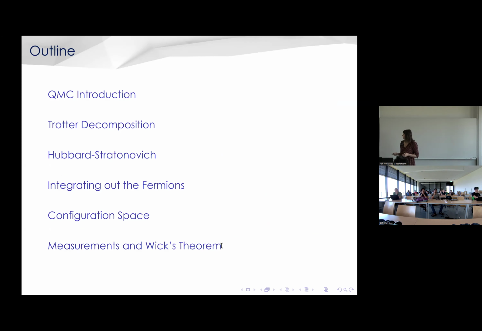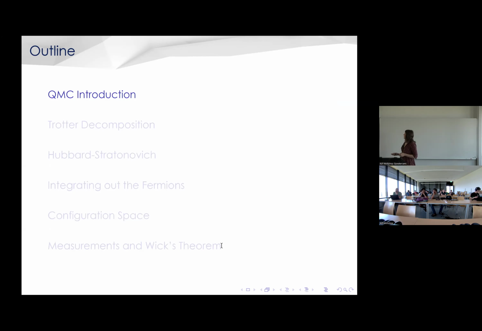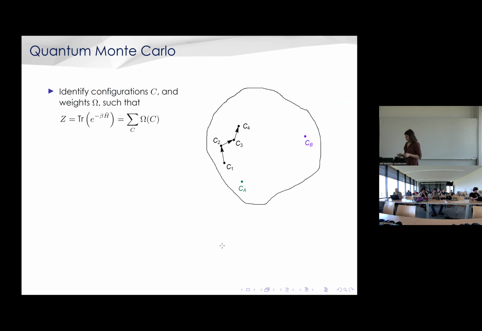Okay, so let's talk about an introduction to quantum Monte Carlo. Just like with any Monte Carlo method, we need to identify a set of configurations and then apply appropriate weights to them. For typical quantum Monte Carlo calculations that have no sign problem, it's typically for equilibrium properties.